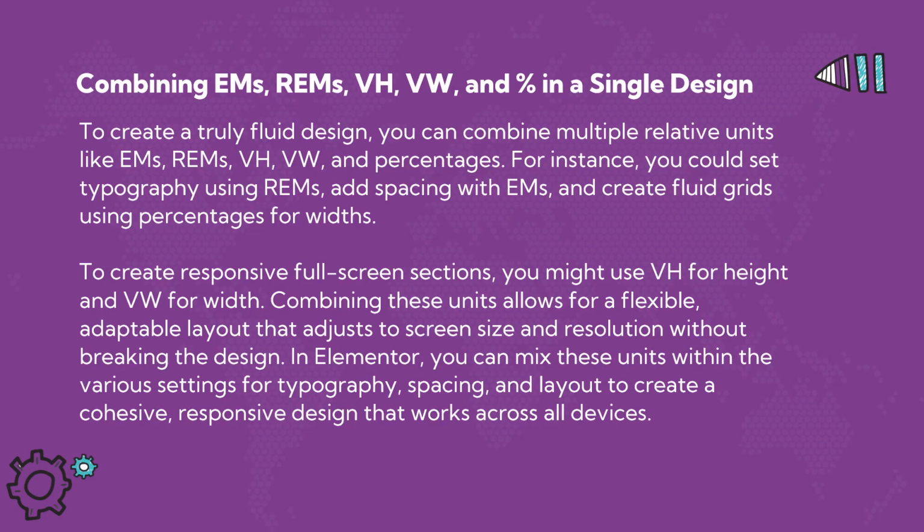To create full screen sections, you might use VH for height and VW for width. So when you combine all this, you will have a design that is adaptable to every screen, and that is what we say is responsive. You might see these tenders, see a client that tells you, will you give us a responsive design? Responsive design is based on what we call fluid design.